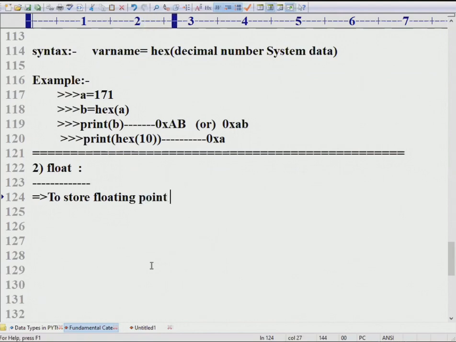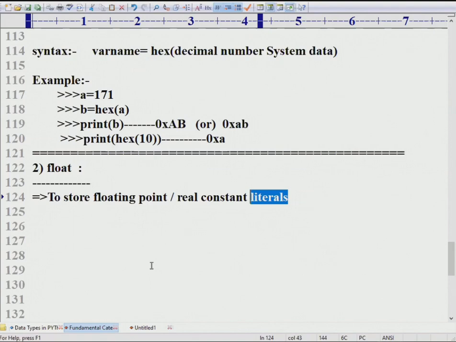We can also call them, mathematically according to IEEE standards, real constant literals. Literal means, don't think too much about it, a literal is nothing but a value.